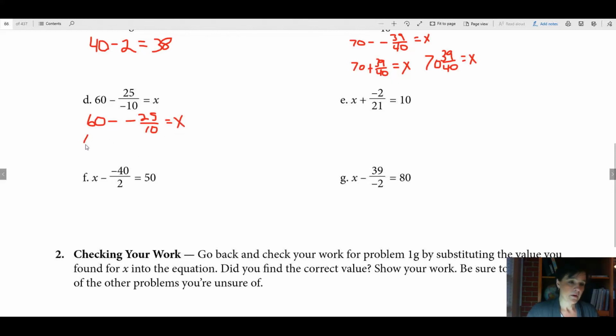Okay, we're going to change that to a plus. Take the opposite of this, which is 25/10 positive. Now, your answer then would be 60 whole plus 25/10.